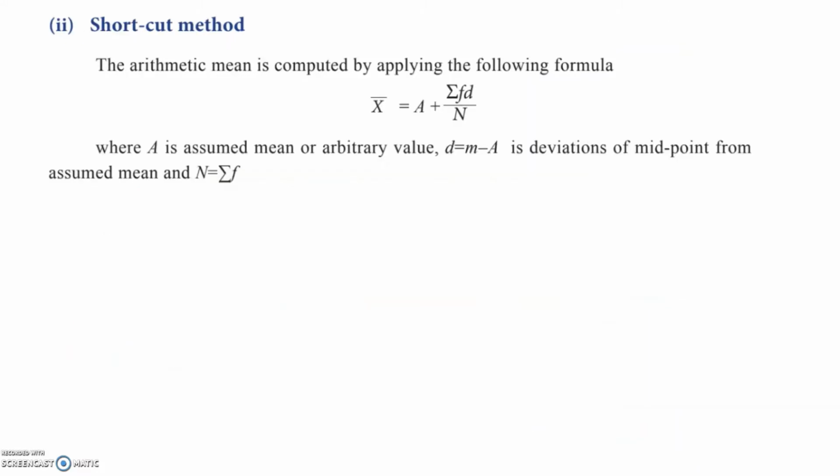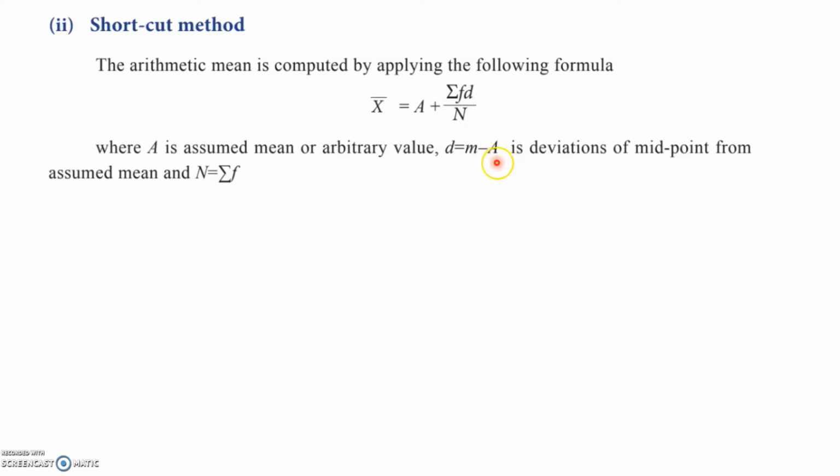In this method, which is called the shortcut method, what you are going to do is take an arbitrary value, which you can call an assumed mean, and subtract it from each of your midpoints of the class intervals.